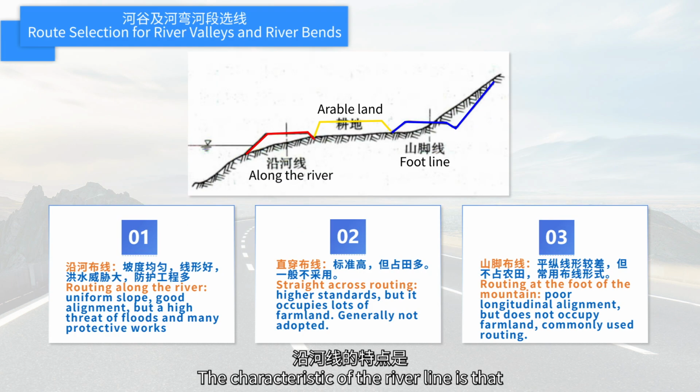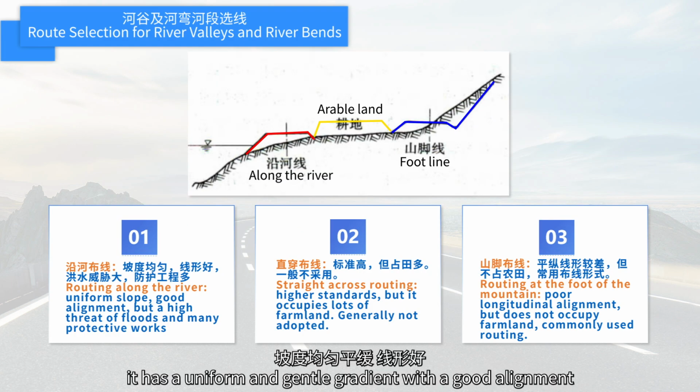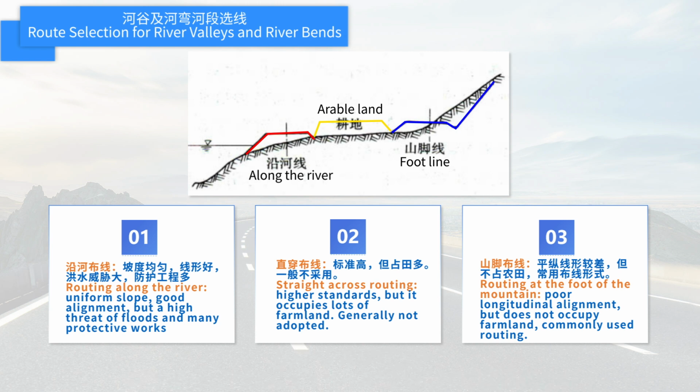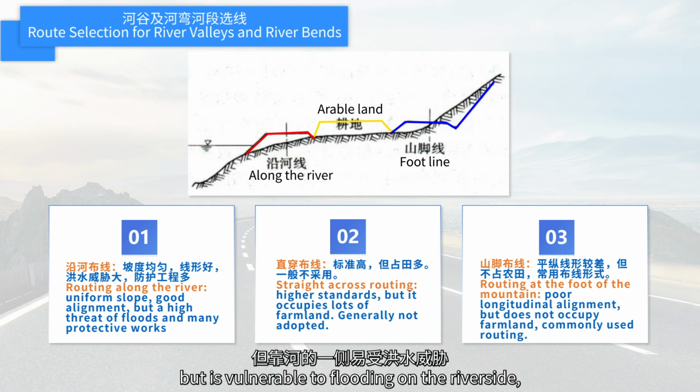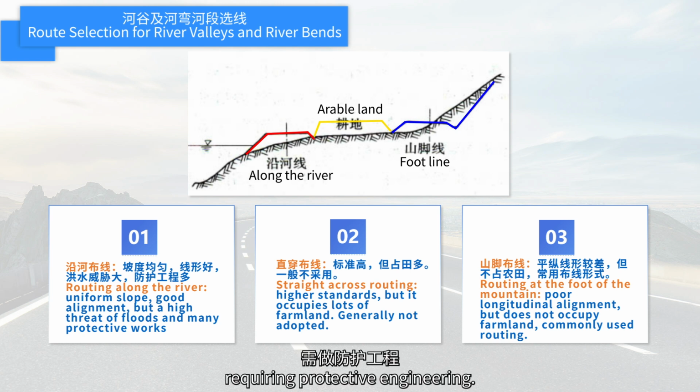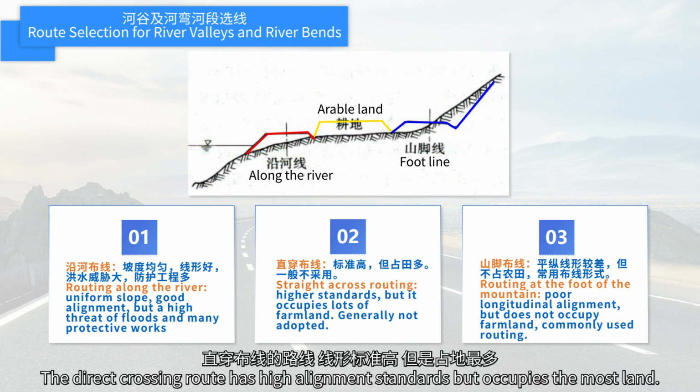The characteristic of the river line is that it has a uniform and gentle gradient with a good alignment, but is vulnerable to flooding on the riverside, requiring protective engineering. The direct crossing route has high alignment standards, but occupies the most land.